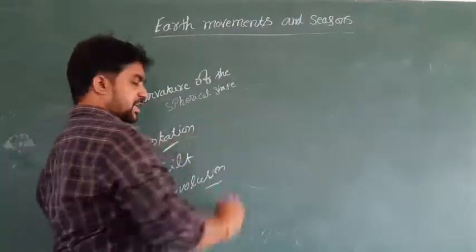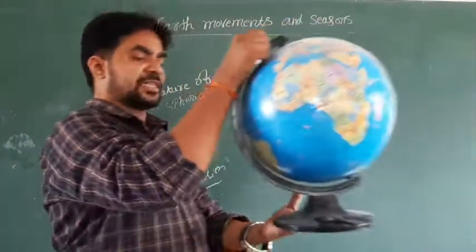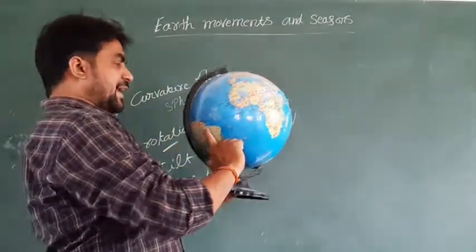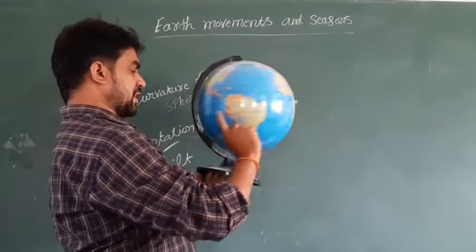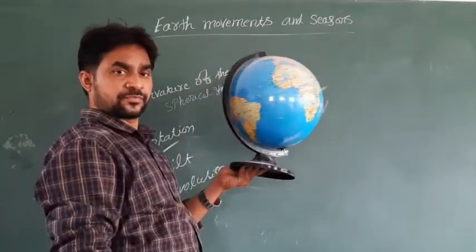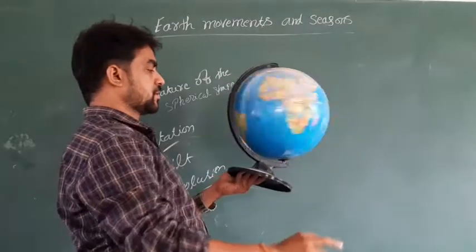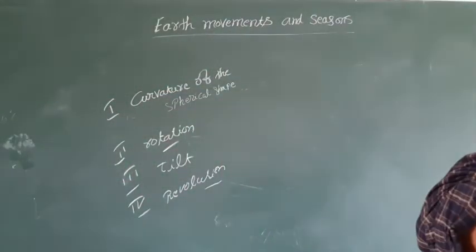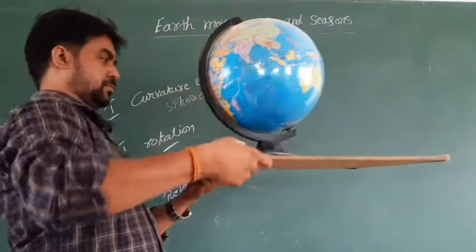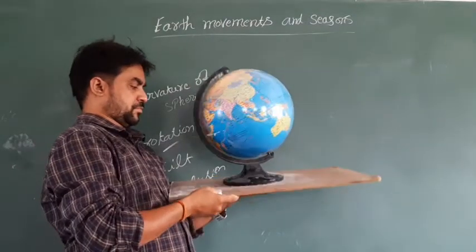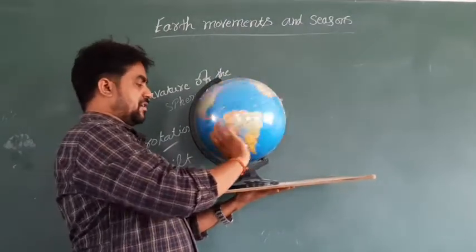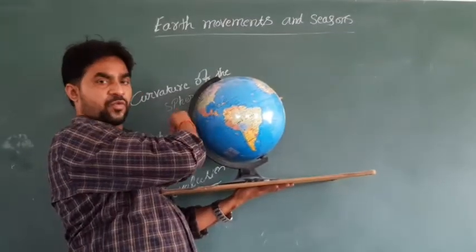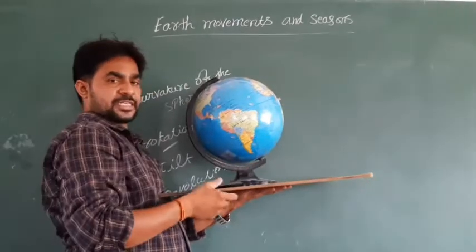So the next one is rotation. I don't want to draw a picture. This is the earth. Earth is always rotating. This is called rotation. Earth rotates from the western side to the eastern side.